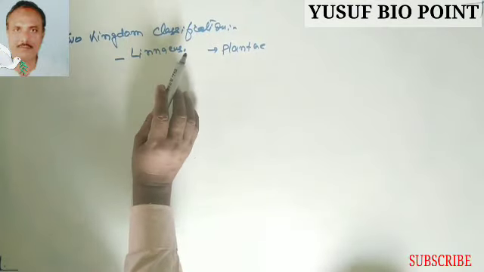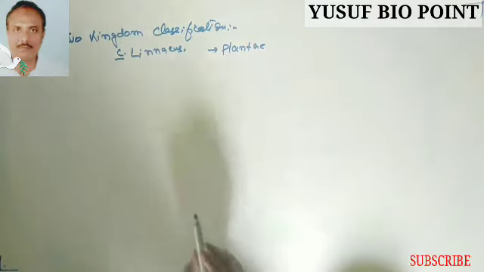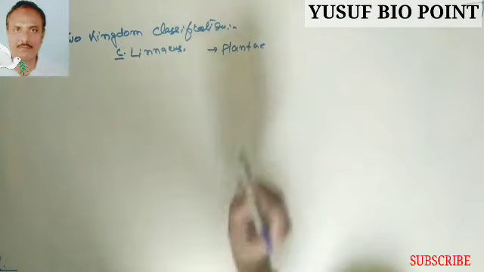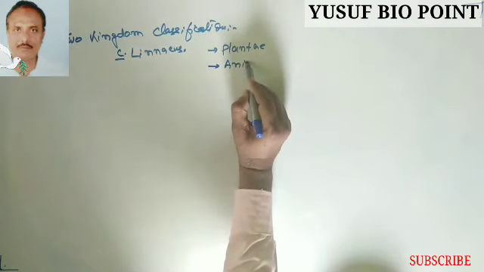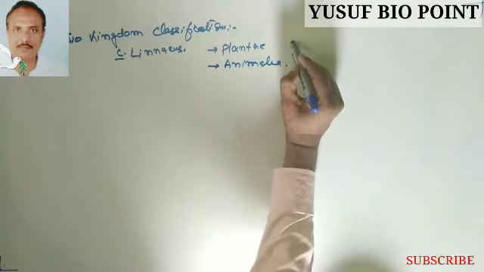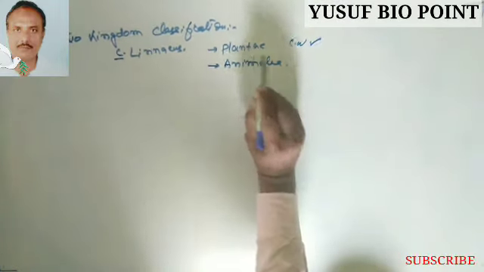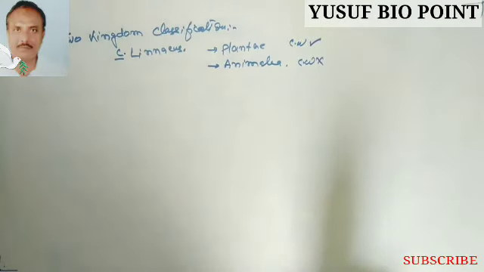Now, two kingdom classification was proposed by Carolus Linnaeus. He divided the living into one is Plantae and next one is Animalia, based on the presence and absence of cell wall. If the cell wall is present, that is Plantae. If the cell wall is absent, that is Animalia. But there is no position of eukaryotes and prokaryotes.